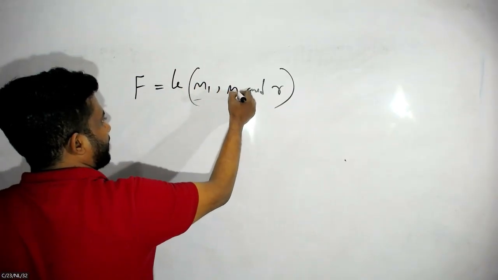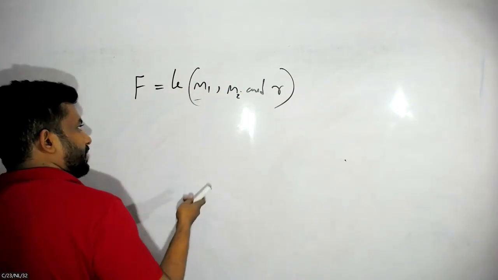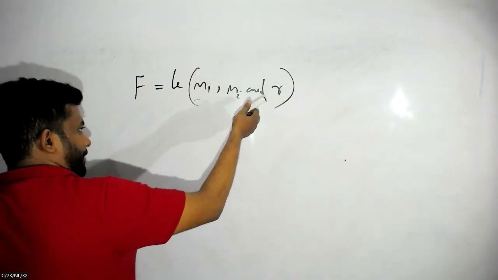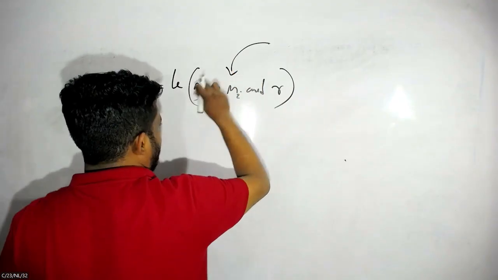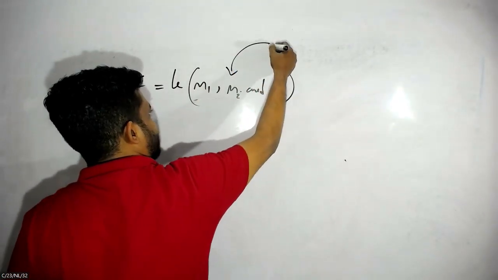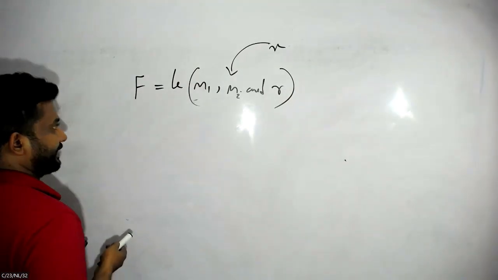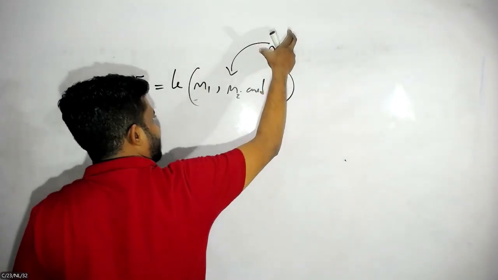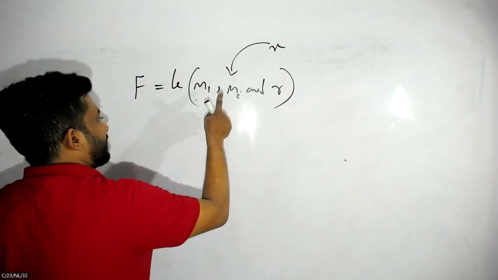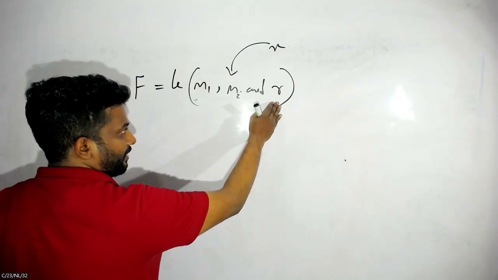Capital M1, capital M2 and R. Then, Puthe, this one is the relation, right? Unknown relation, no? You can assume that this relation is X, right, Puthe?